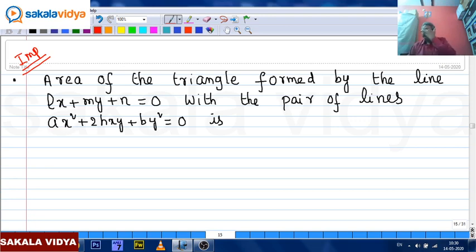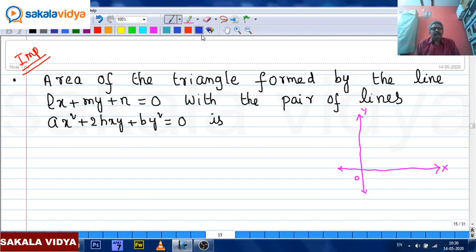So now, let's have a discussion. X-axis, y-axis. This is origin.